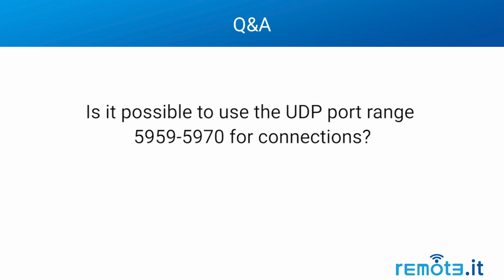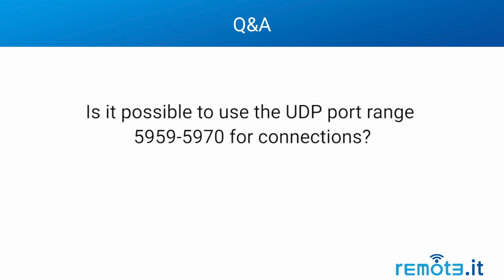One question that some people have asked is whether it's possible to use the UDP port range 5959 to 5970 for connections, because you already have to open that in order for your device to contact our chat servers. And the answer is, if you are using a peer-to-peer connection, yes, because when you're using a peer-to-peer connection, you are allowed to specify the port explicitly.